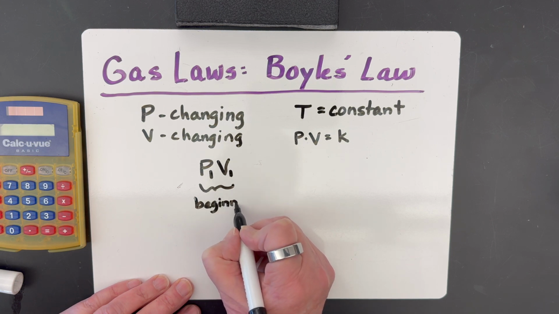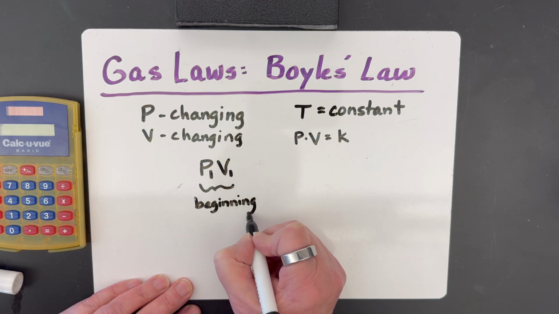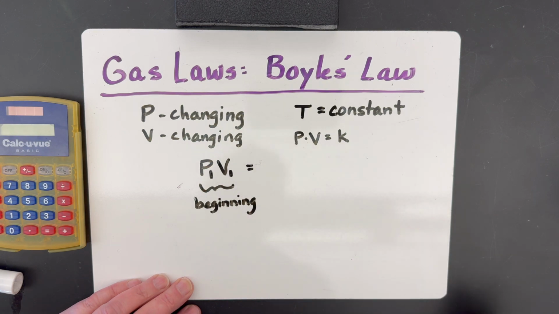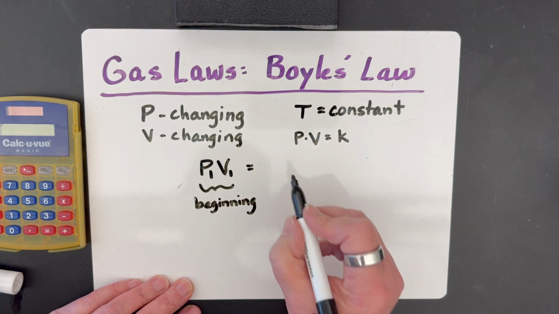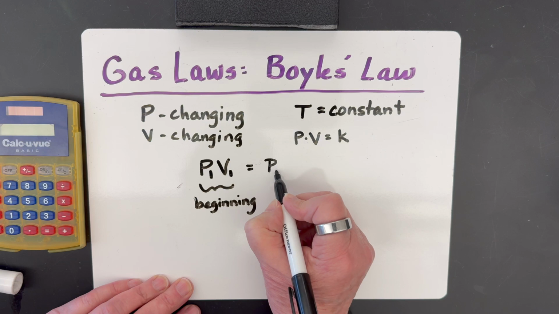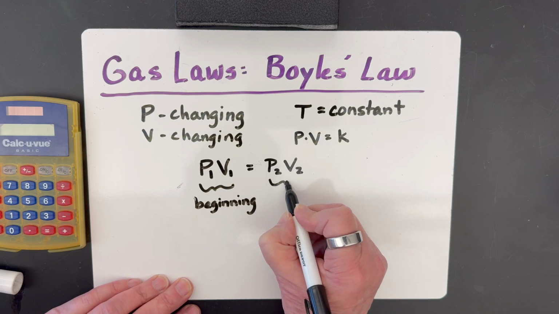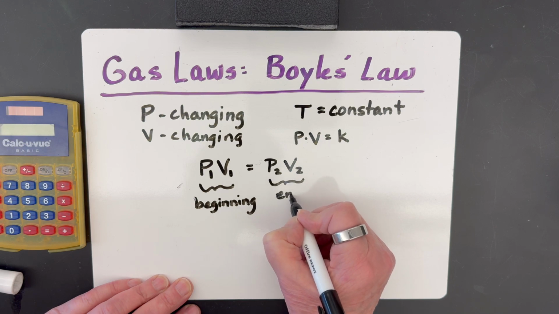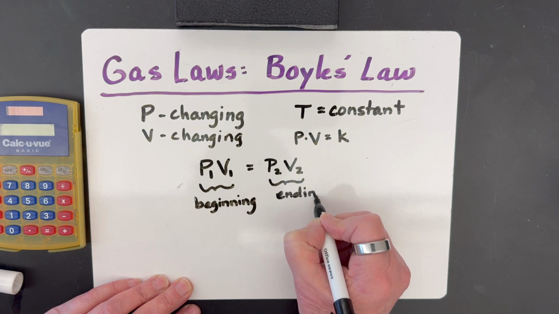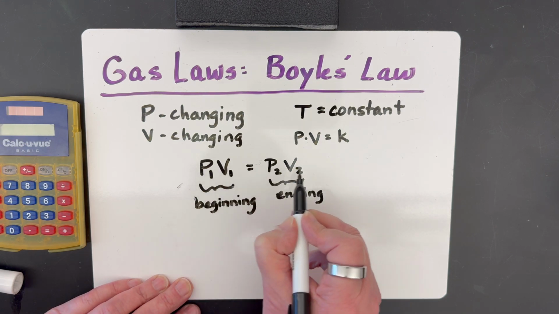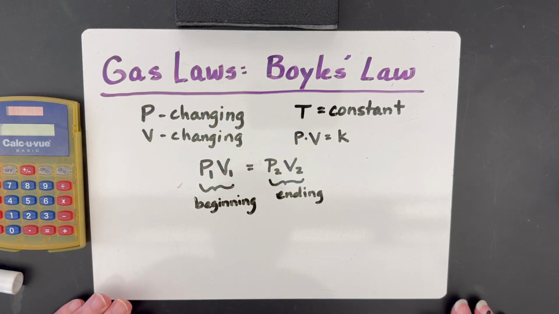And sometimes you have to read a problem pretty carefully to figure out what the beginning conditions are. And that's equal to pressure 2 times volume 2. These are our ending conditions. You will be given 3 of the 4 variables. So let's look at some problems that would fit into this type.